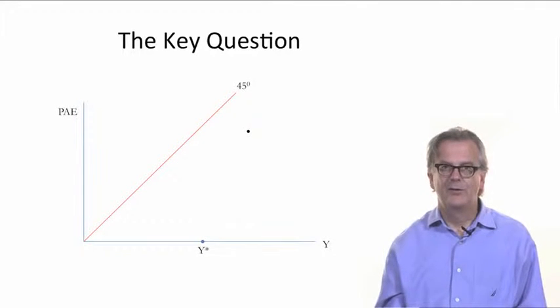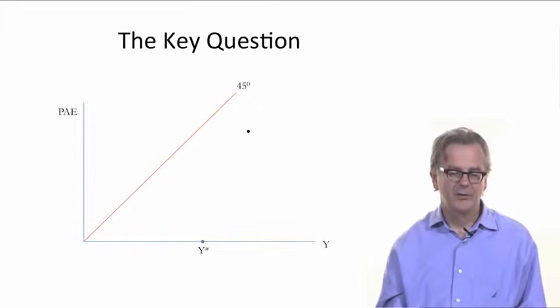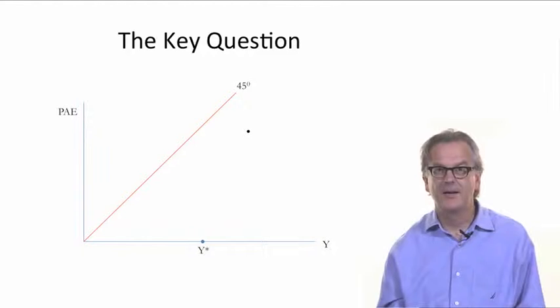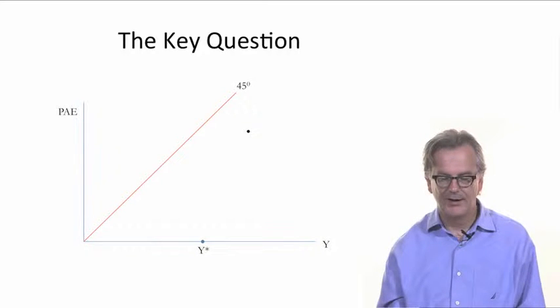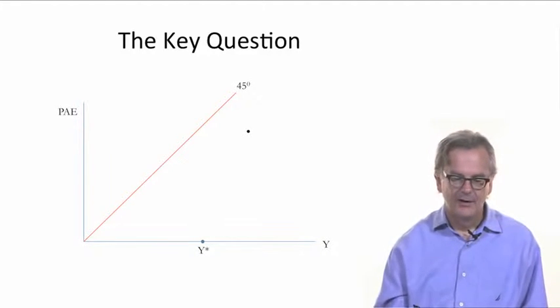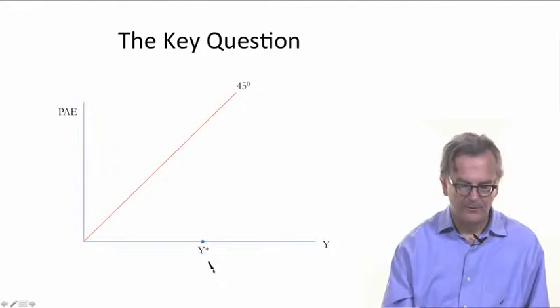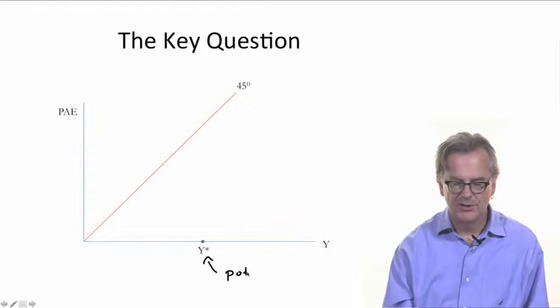Now, the key question, and this is really what we're going to be exploring in some detail, and this really is the key question in business cycle analysis. On the horizontal axis, I've now recorded the economy's potential GDP.